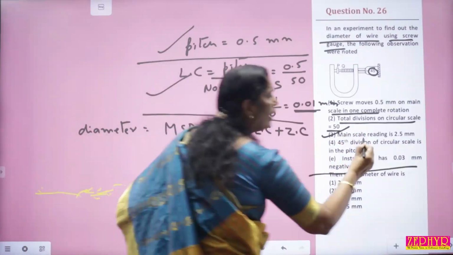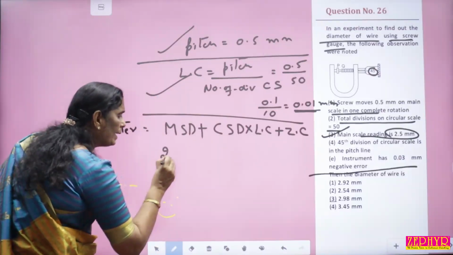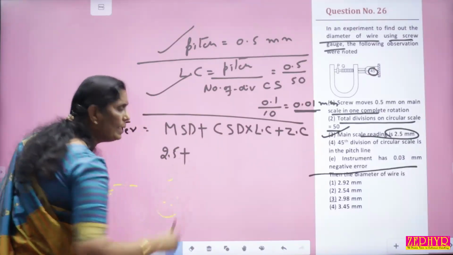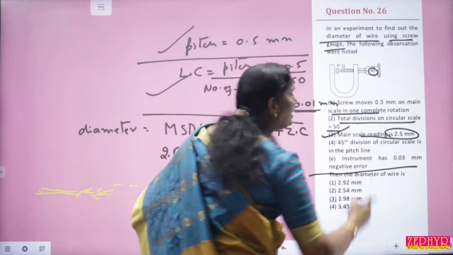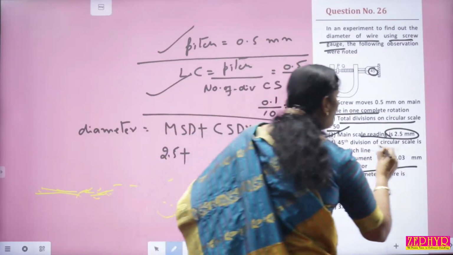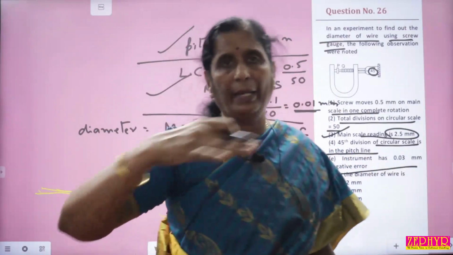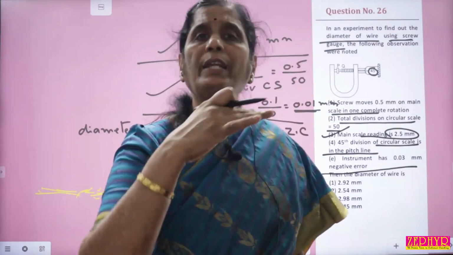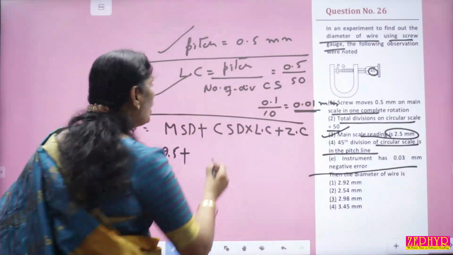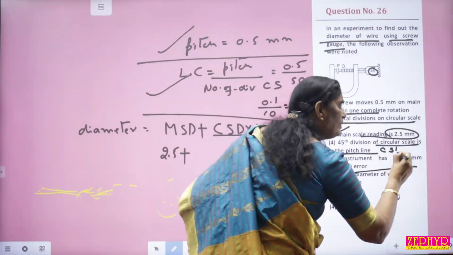What was the main scale reading when you kept the object? 2.5 millimeters. So I wrote 2.5 millimeters. Next, the 45th division on the circular scale is on the pitch line, meaning the main scale line. So the 45th reading of the circular scale coincides with the 0 level. That is called the circular scale coincidence.